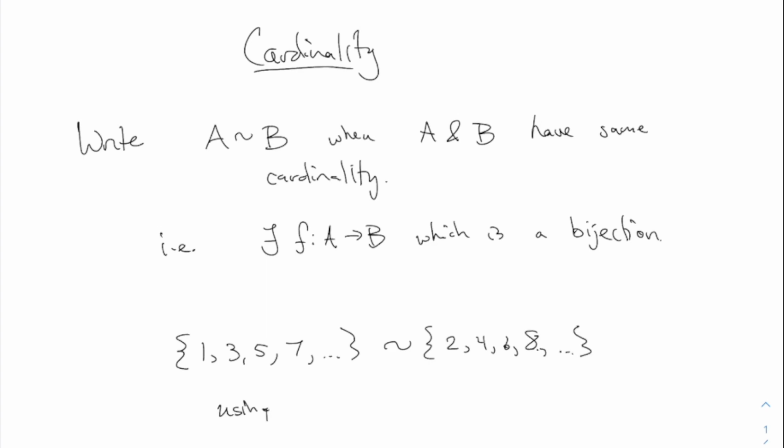I will say this using the function f of x equals x plus 1. That's a bijection. Bijection, remember, means it's one-to-one and onto, or it is injective and surjective. Injective means one-to-one. Surjective means onto, as you know from the viral tweets.